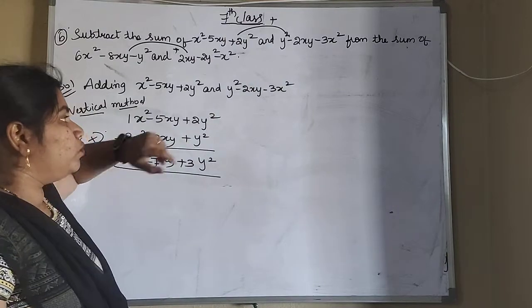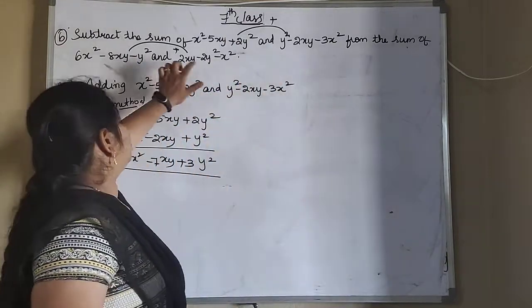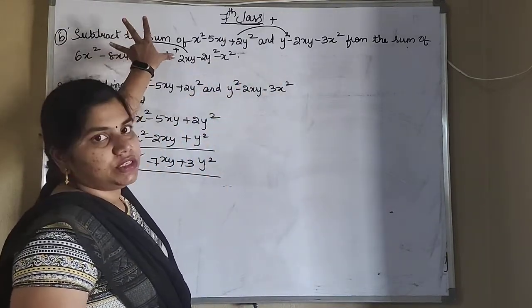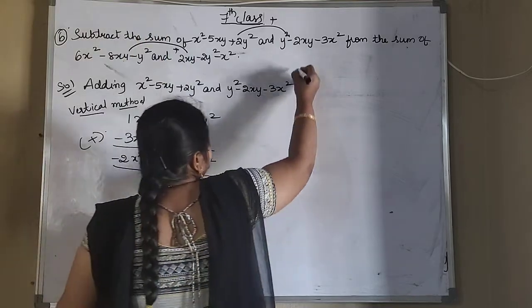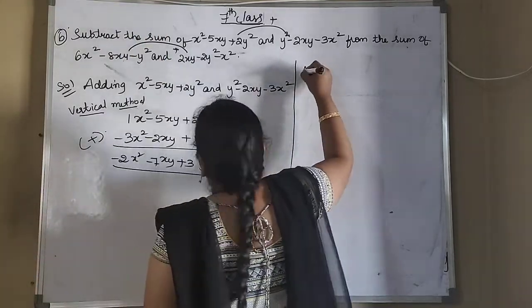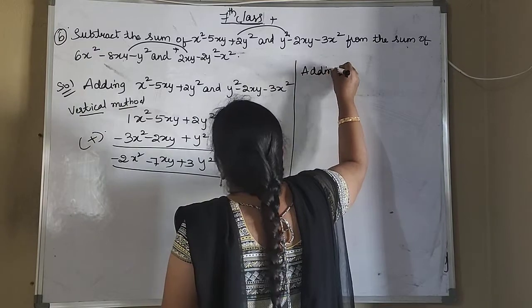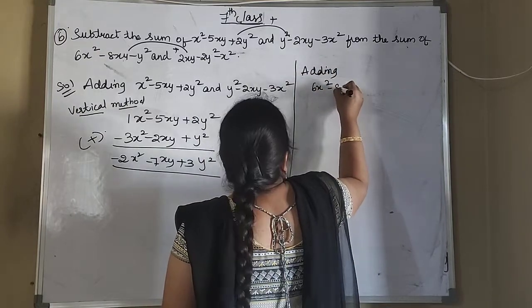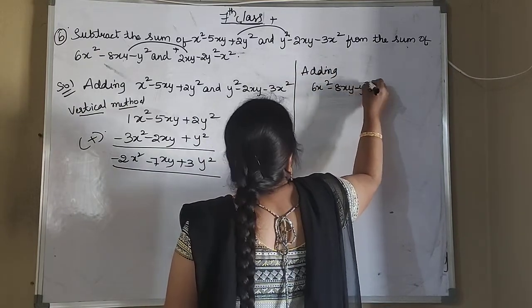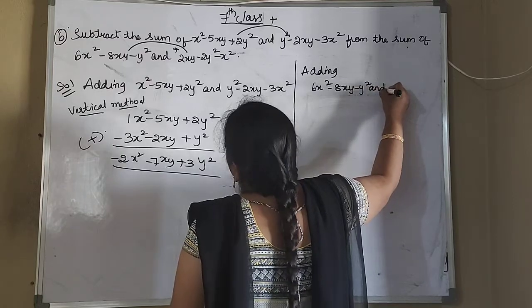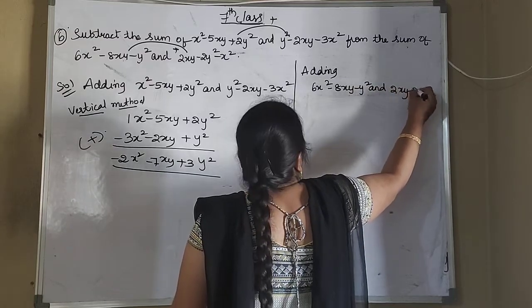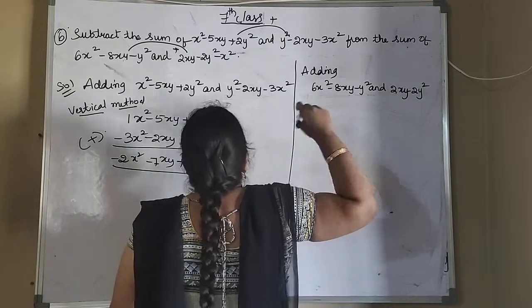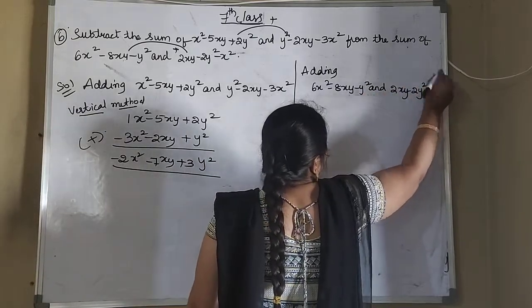Next, what do we have to do? The sum of these two also. That means we have to add these two expressions also. So here I am adding 6x square minus 8xy minus y square and 2xy minus 2y square minus x square.